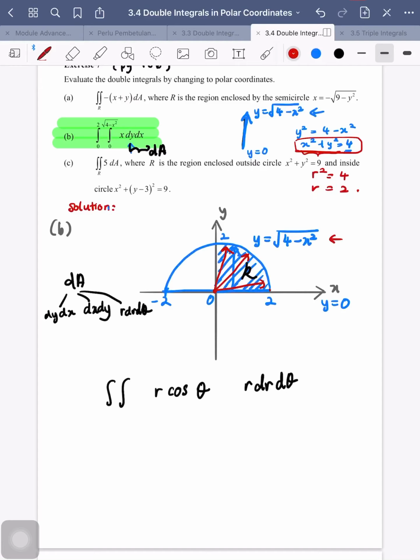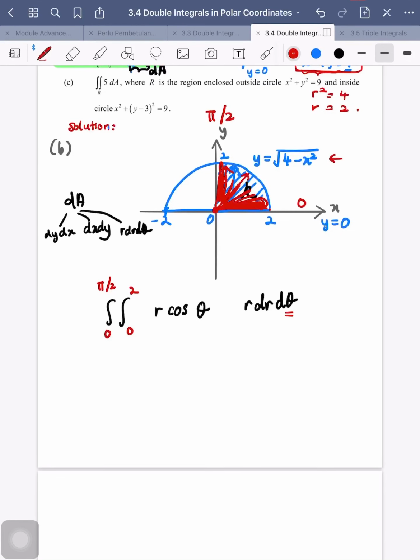So you meet from 0 until r equal to 2. That is the limit for r. And the limit for theta is shaded from here, 0 until pi over 2.